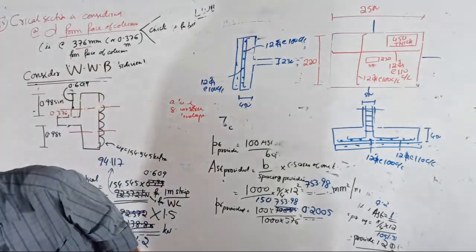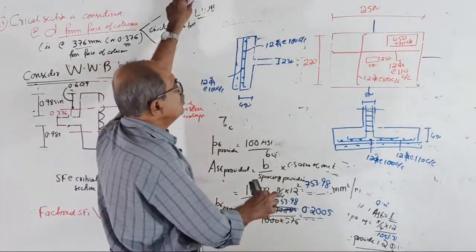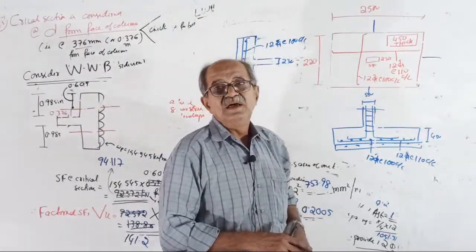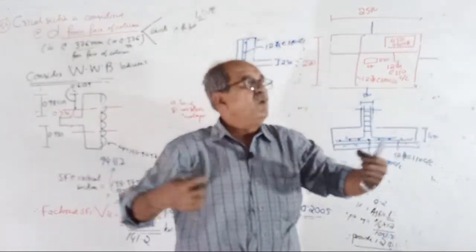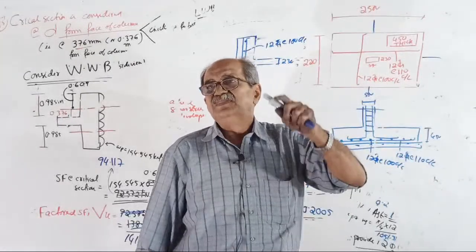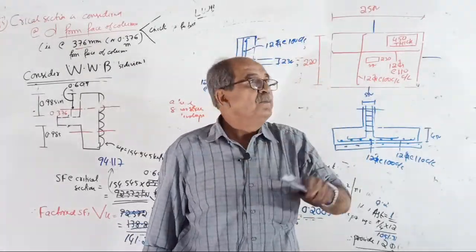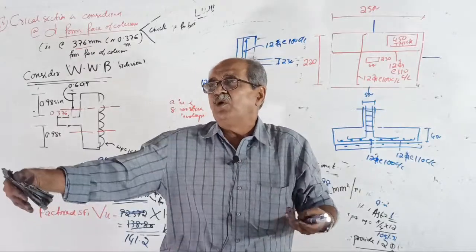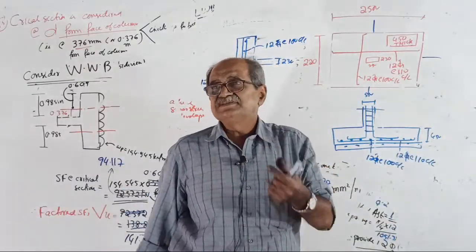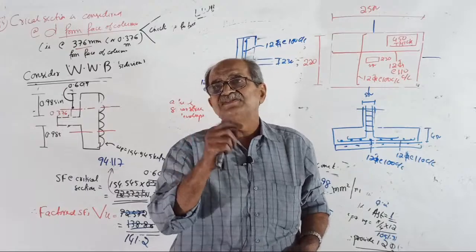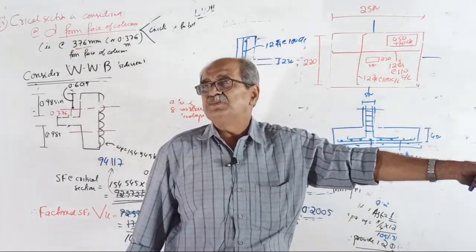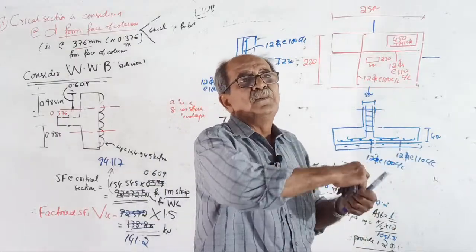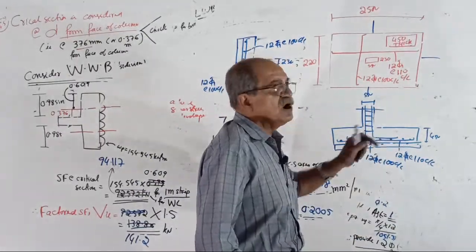And one more thing. By chance, you go for a bad footing due to space problem. When one projection is more, one projection is lesser, then you can insist there. Put higher diameter you can give for higher projection side, lesser diameter, then you can tell in the site, place first the higher diameter bar for a lengthwise projection, then you can tell them place widthwise, then one sketch you have to show there.